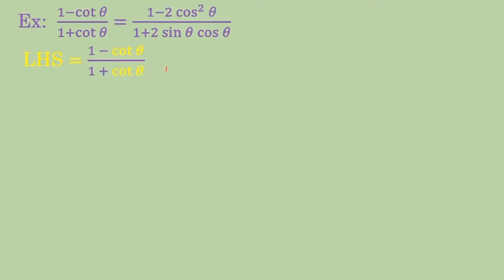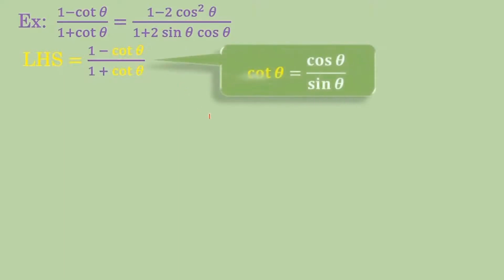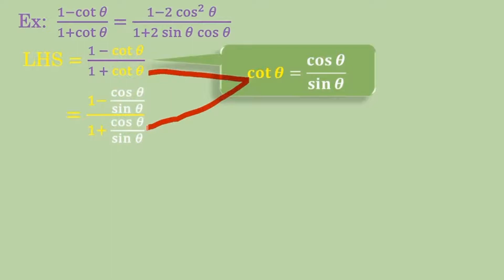We know that cot theta is equal to cos theta upon sin theta. Let us replace cot theta with cos theta upon sin theta. Again, replace cot theta with cos theta upon sin theta.